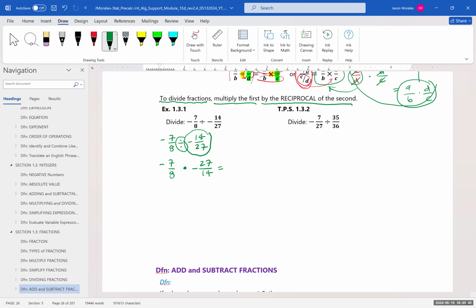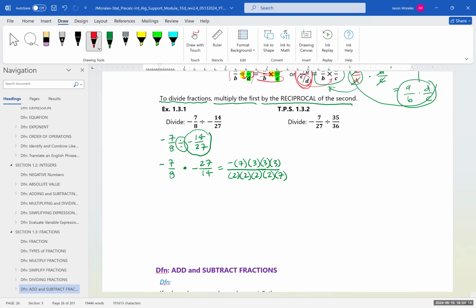Let's see if we can break some of these down into their prime factors. So 7 in itself is a prime factor, and 27 is 3 times 3 times 3. 8 is 2 times 2 times 2, and 14 is 2 times 7.